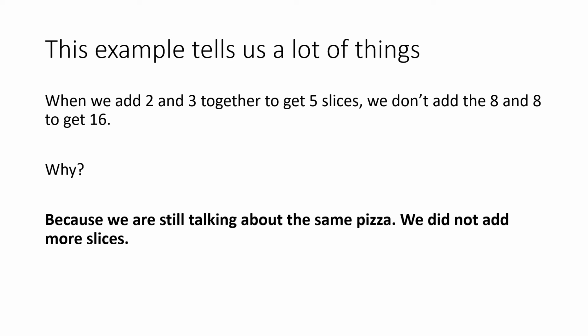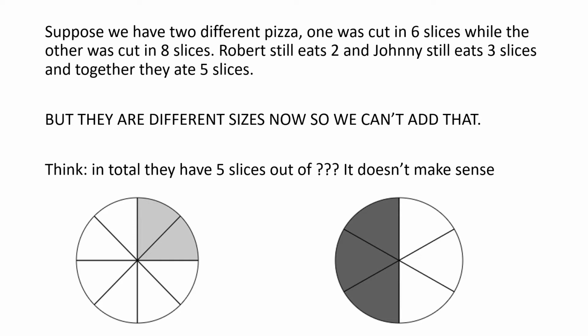Another thing it tells us is that suppose we have two different pizzas. One is cut into 6 slices and the other is cut into 8 slices. Robert eats 2, Johnny eats 3. Altogether they eat 5 slices, right? However, the slices are now different sizes, so we can't add them. Why is that, you might ask? Well, think about it. In total, they ate 5 slices of how many?